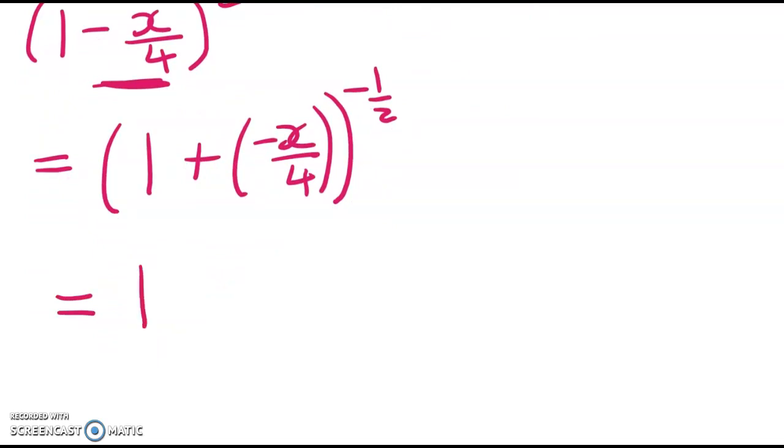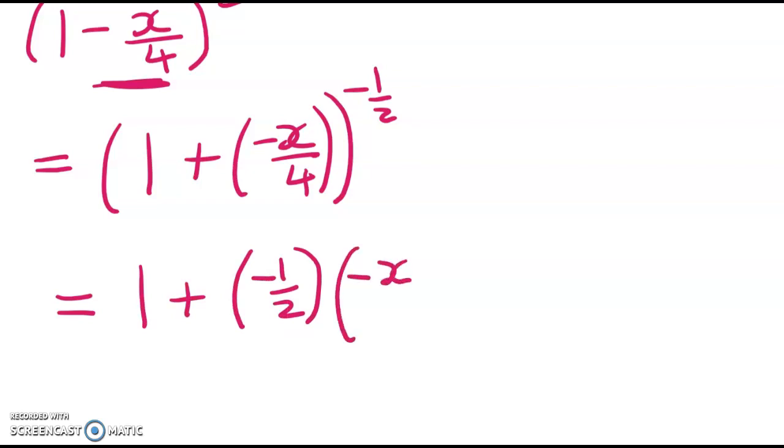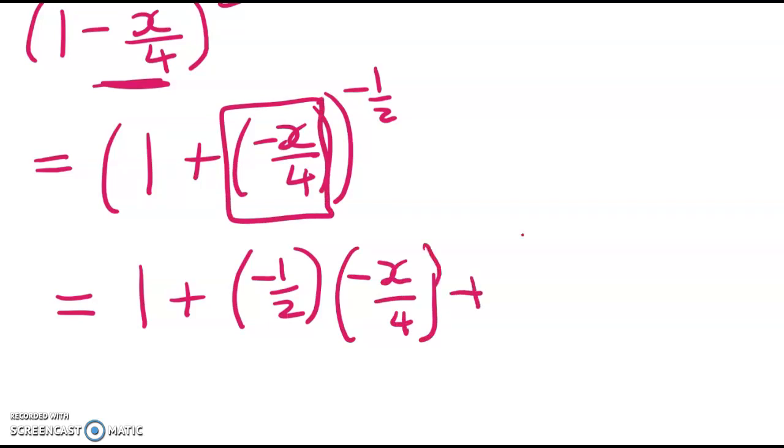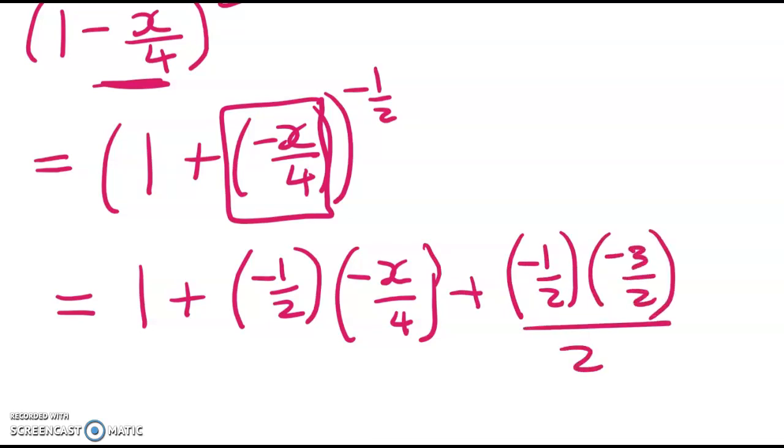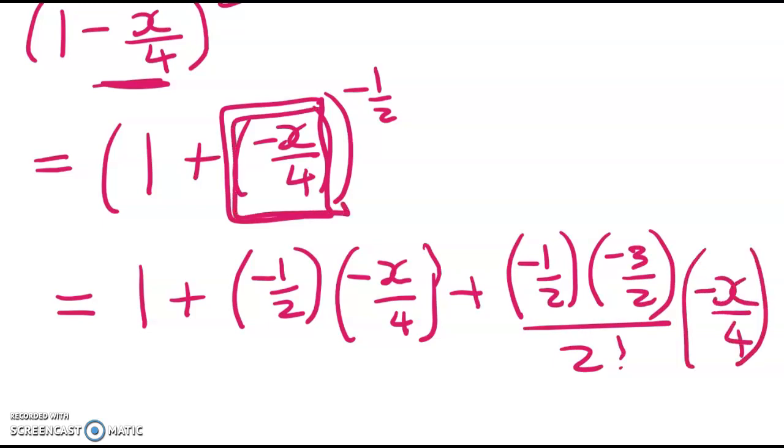which equals 1 plus n x. Right, but it's not x, it's this building block here, plus n times n take away 1 divided by 2 factorial, which is of course just 2, and then my building block thing here squared.